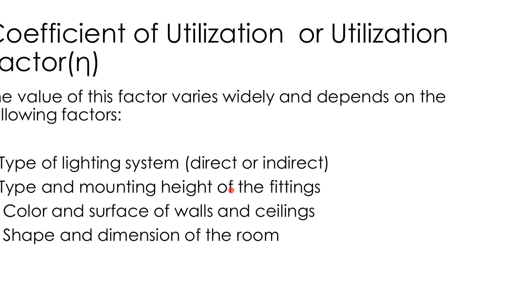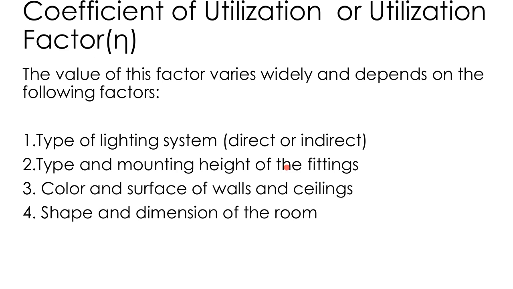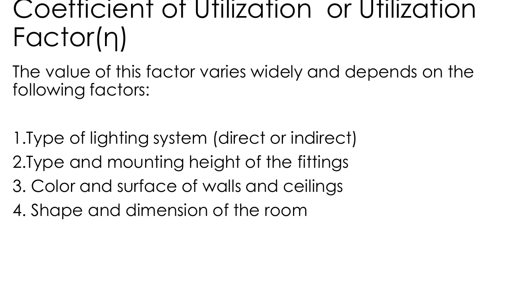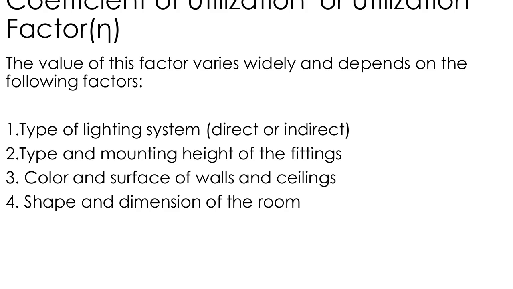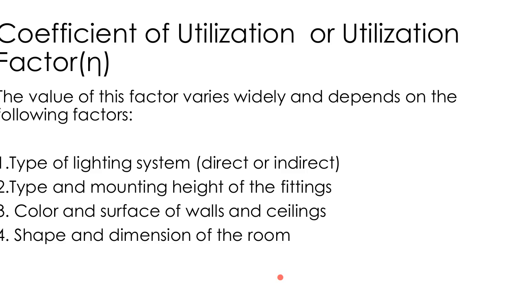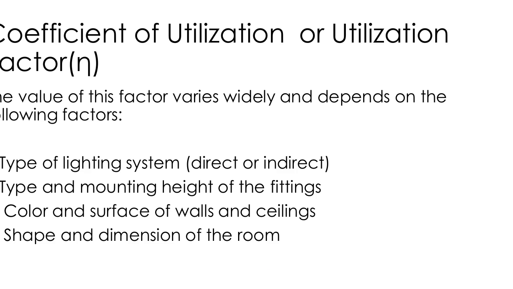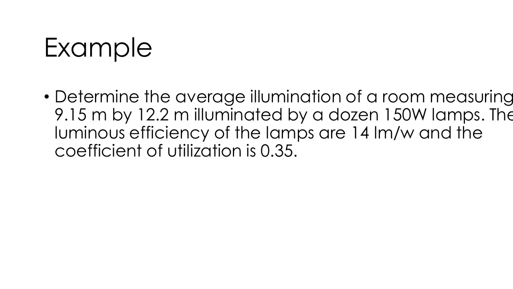The factors that affect the coefficient of utilization are the type of lighting system, direct or indirect, the mounting height of the fitting, the color of the surfaces of the walls and ceiling, and the shape and dimensions of the room.